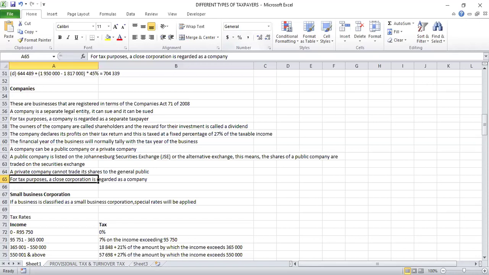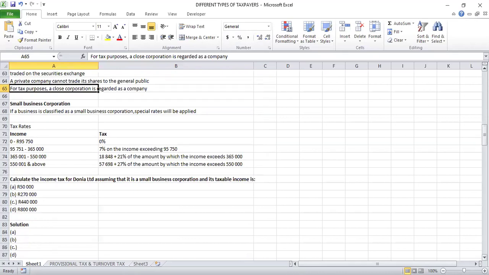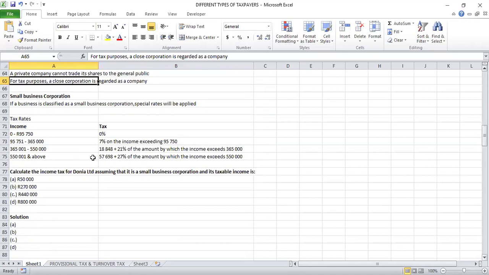Right. A company can also, if it qualifies, register as a small business corporation. When you register as a small business corporation, your tax rates are slightly lower than the other companies.